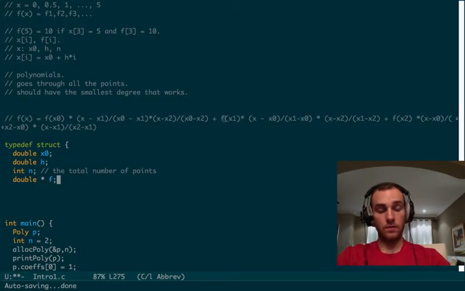let's write it like this. So it's a pointer. So f is going to be the address in memory of a place that can hold a double precision number.